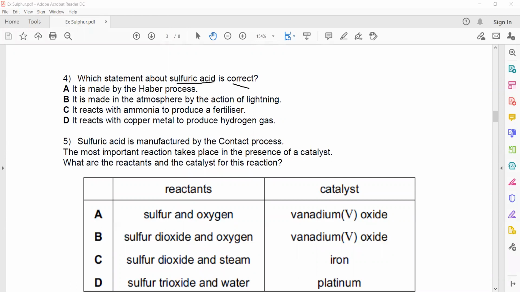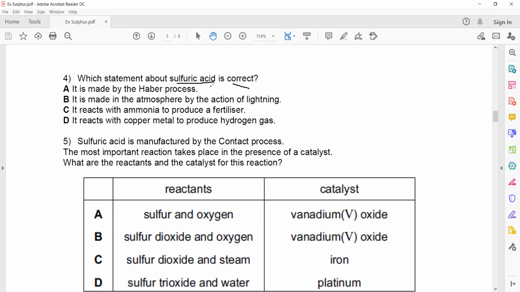So how do we manufacture sulfuric acid? We manufacture sulfuric acid by the contact process. In this contact process, first sulfur reacts with oxygen to form sulfur dioxide. Sulfur dioxide is reacted with more oxygen to form sulfur trioxide, and sulfur trioxide is mixed with sulfuric acid to form oleum, and at the last, oleum is diluted with water to form sulfuric acid.